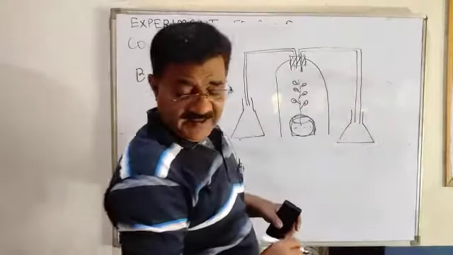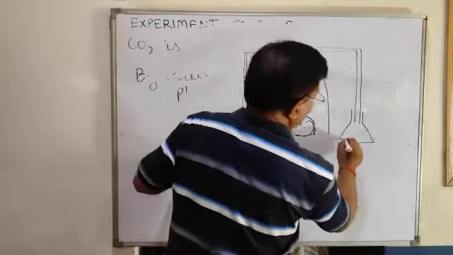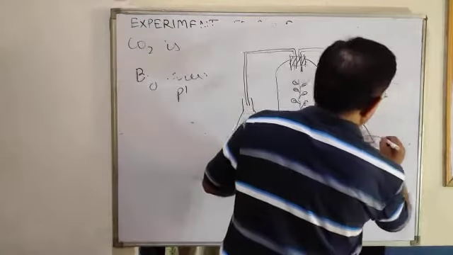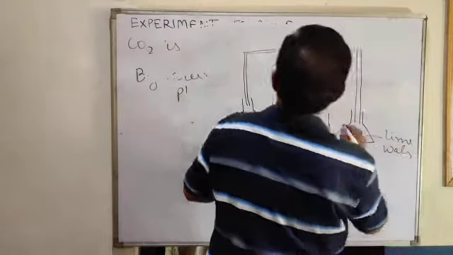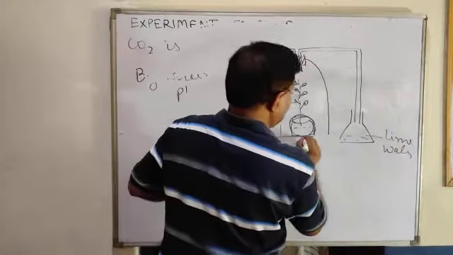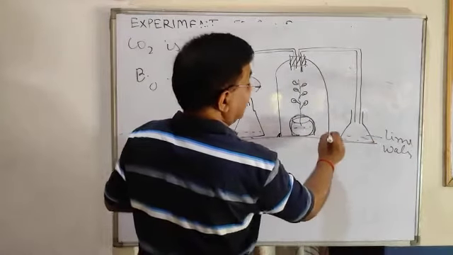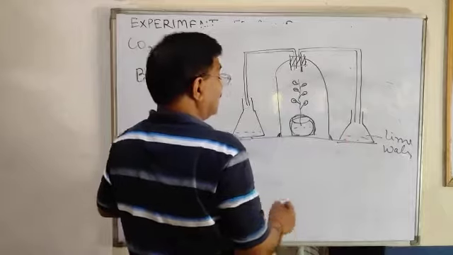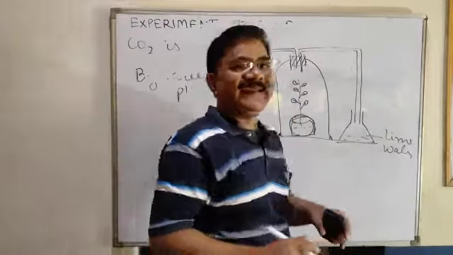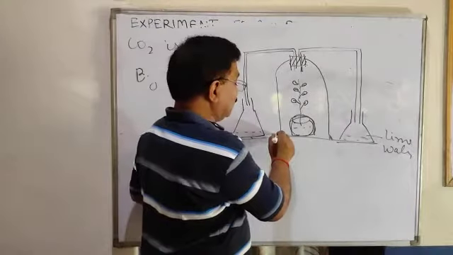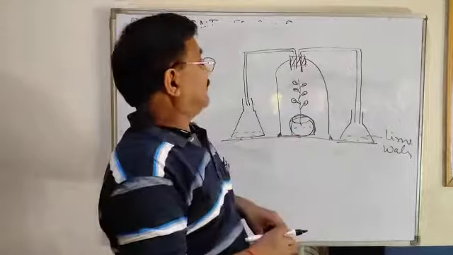And in both the conical flasks, lime water is there. Now make it airtight. Keep this on a glass sheet and you can put Vaseline, grease or wax so that it becomes completely airtight.